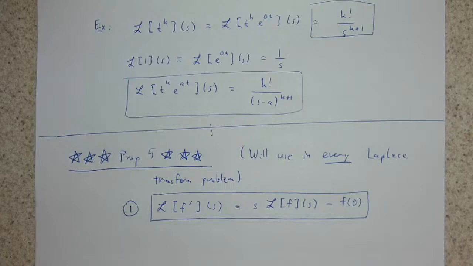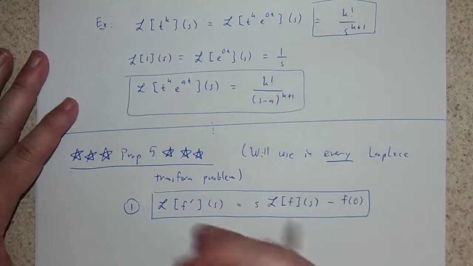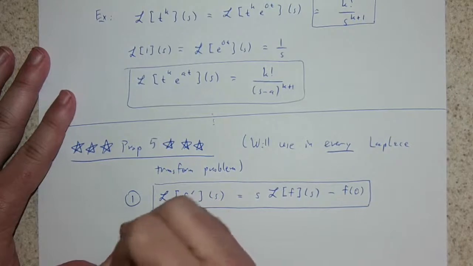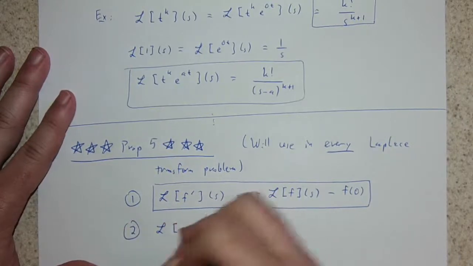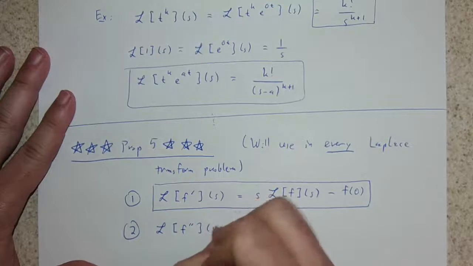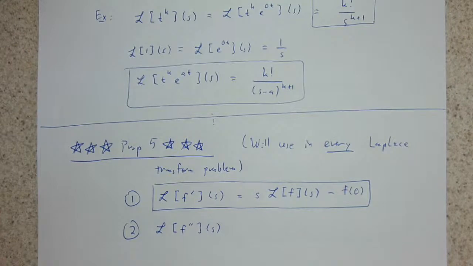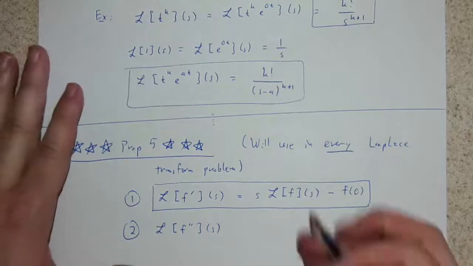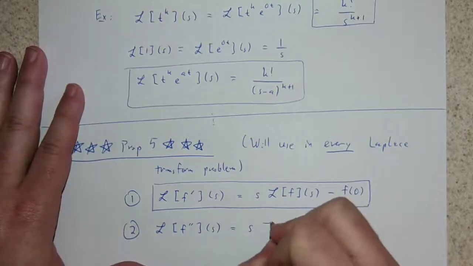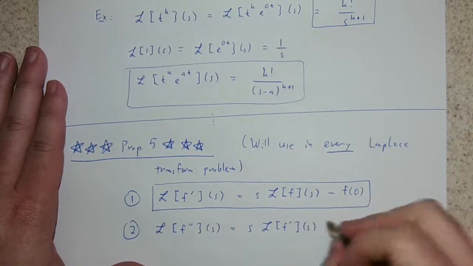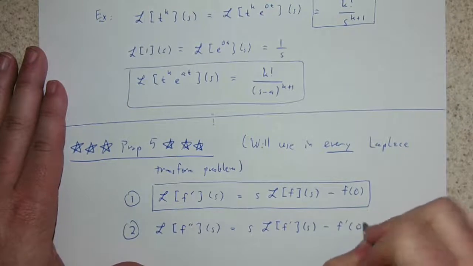I can use this for higher derivatives. Technically I can keep doing this for any order, but I'm only going to do a couple of these. The second one: the Laplace transform of f double prime of s. I can think of f double prime as f prime prime. So this is s times the Laplace transform of f prime of s minus f prime of 0.